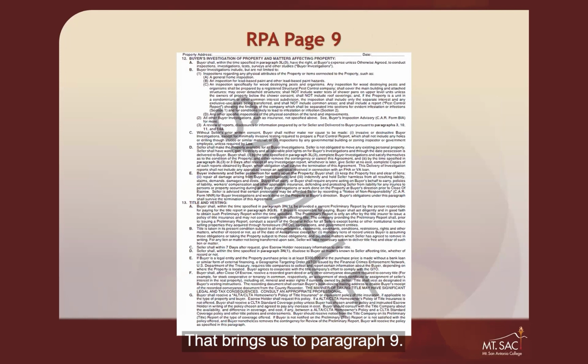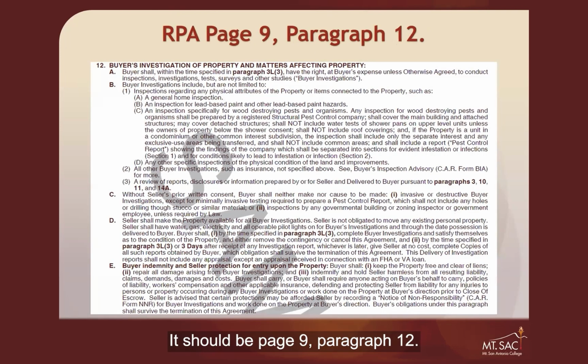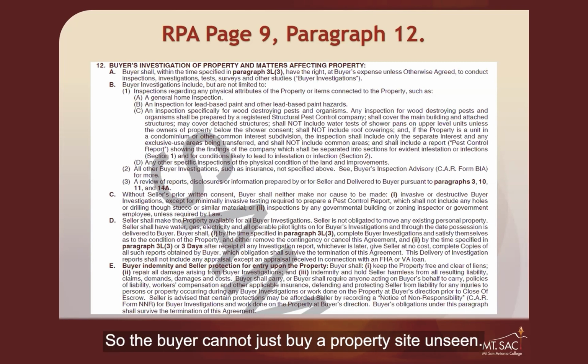And that brings us to page 9, paragraph 12. And here is the buyer's responsibility to inspect the property. So the buyer bears a responsibility to inspect the property. And this clarifies what the buyer's rights are, what the buyer's obligations are. So the buyer cannot just buy a property sight unseen.